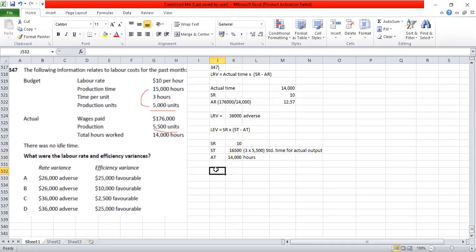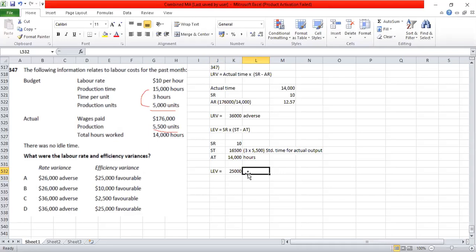Now just substitute everything. Labor efficiency variance is equal to 25,000. Now we have to understand whether it is favorable or adverse.